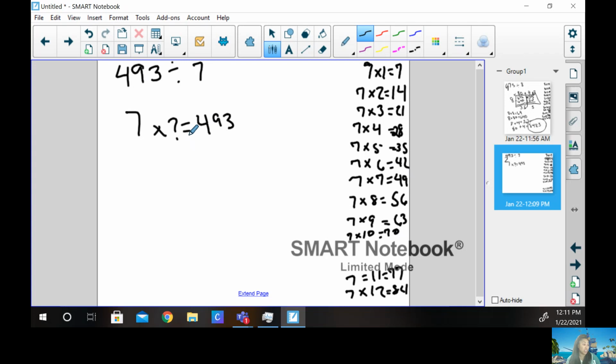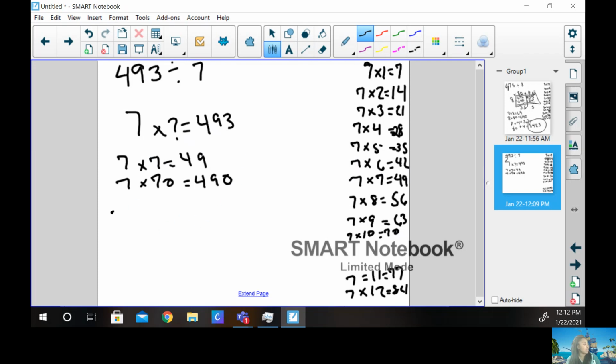So I have my cheat sheet, and I know that 7 times 7 is 49, right? So 7 times 7 equals 49. If I do 7 times 70, that gives me 490. Well, my product is higher than 490, so I got to keep going.